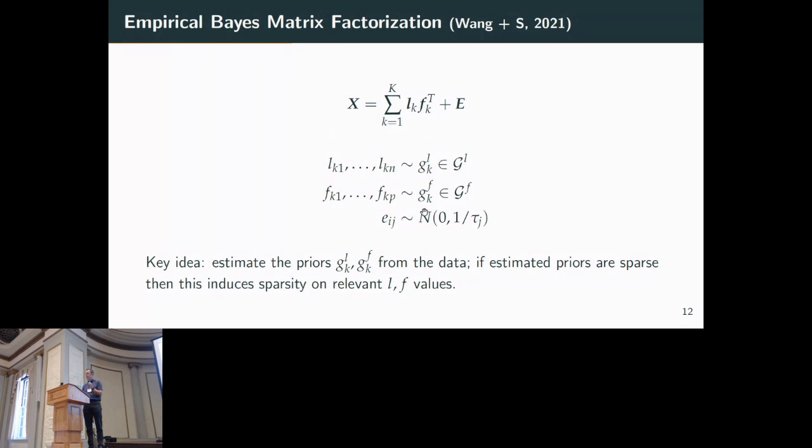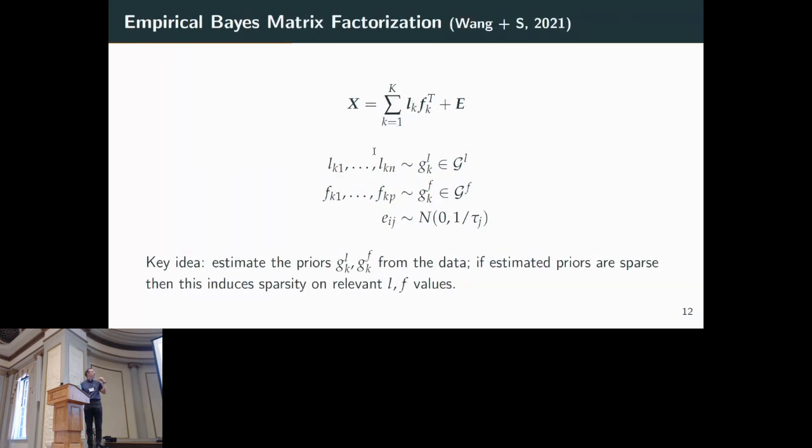And if the learned priors G are sparse, then that will induce sparsity. When I say sparsity here, I'm not really talking about exact zeros. I'm talking about the fact that many of the elements will be very close to zero. So it's a soft version of sparsity. Sparse priors will induce that kind of soft sparsity on the elements of L and F. Okay, so that's the goal.